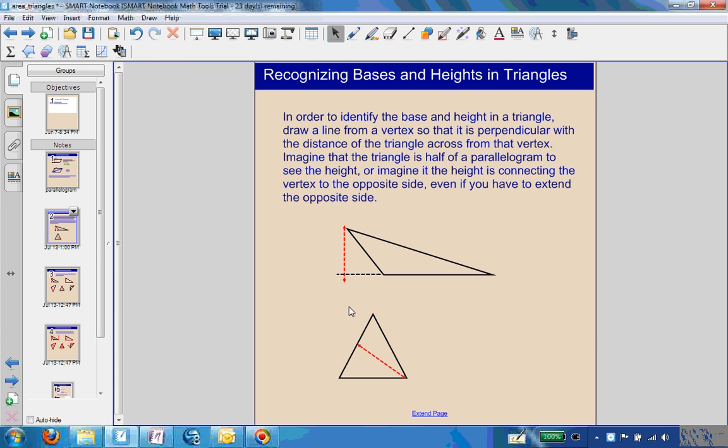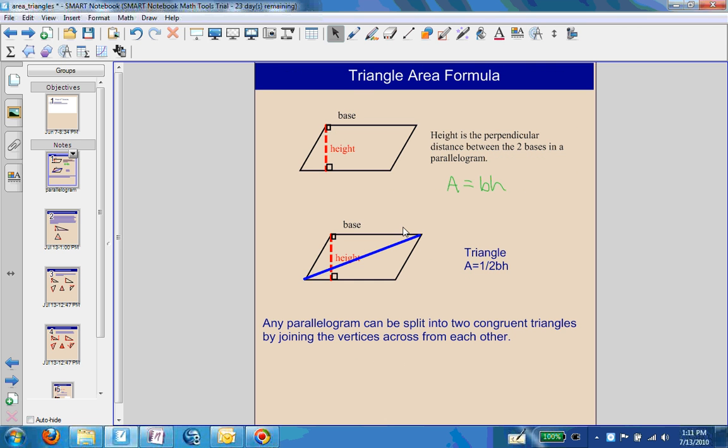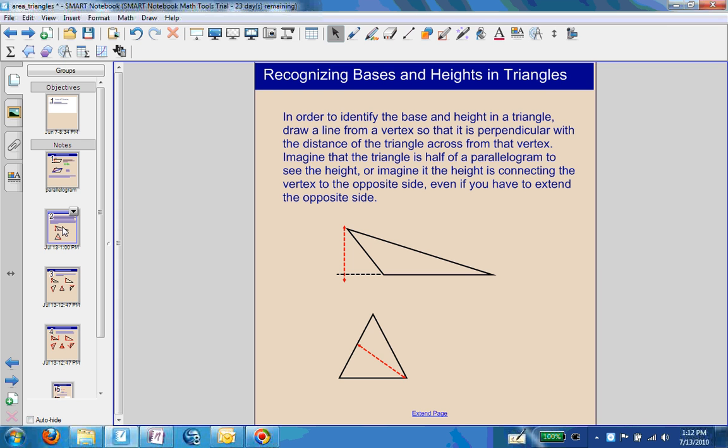So the line always has to go from one vertex to the opposite side, or an extension of the opposite side, and it has to be perpendicular to that opposite side. So just like with parallelograms, base and height must always be perpendicular. The same holds true for triangles.